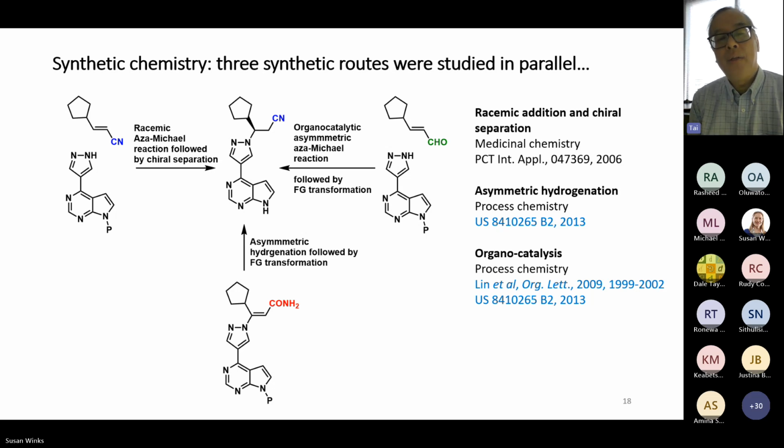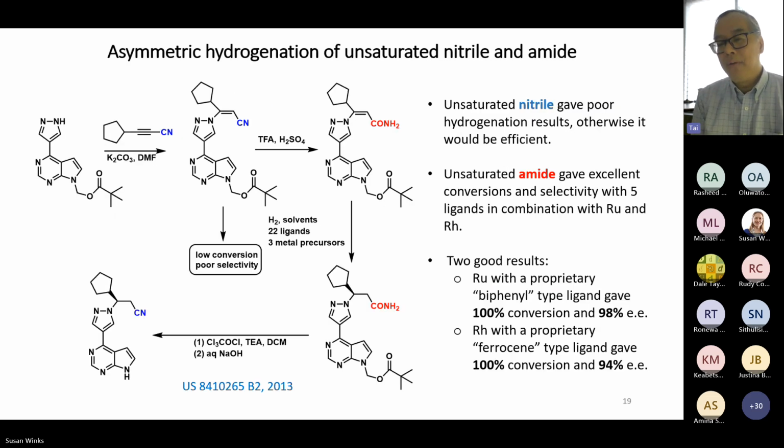The asymmetric hydrogenation from our group, from the process group, is reported in this US patent. And the organocatalysis, we reported in Organic Letters in 2009, and also in a US patent as well. Next, please. So now I'll use one slide to describe each synthetic route, so it's very abbreviated.